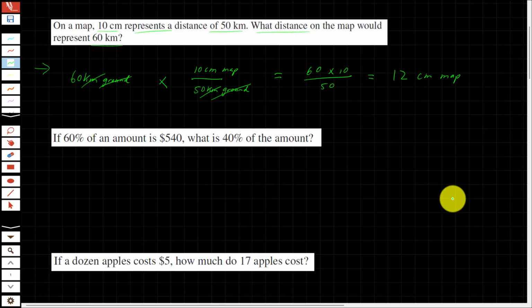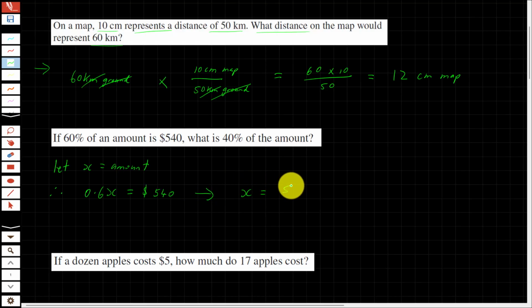Here we have a problem involving percentages and money. So 60% of an amount is 540. What is 40% of the amount? But we're not given what the amount is. So if we let x equal the amount, we can write a small equation here. 0.6, or 60% of the amount, is equal to $540.